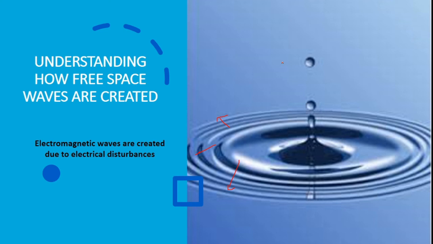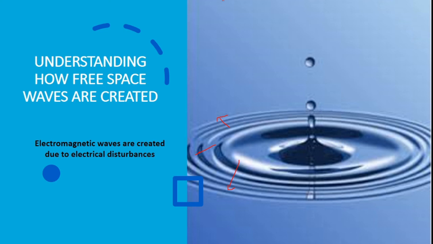Even after the pebble has been dropped and the disturbance is over, the waves still keep on moving outward because of the disturbance created initially, right? So I drop a pebble, because of that we can see that water waves start moving in the outward direction. Even after we finish dropping the pebble, the waves keep on traveling in the outward direction. So this is an example of radiation.